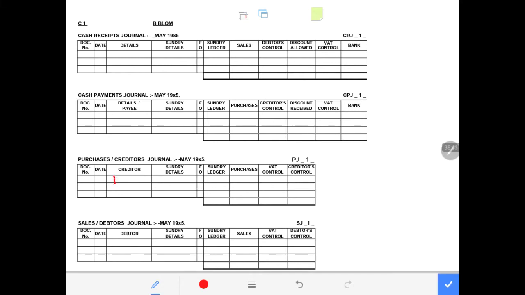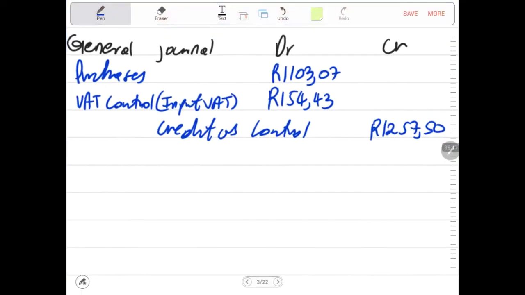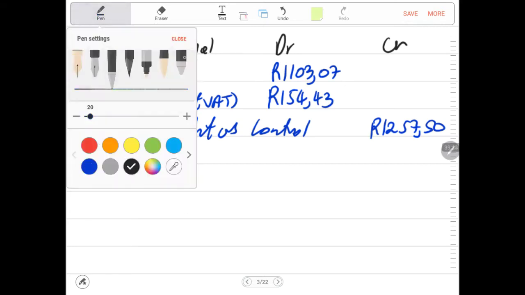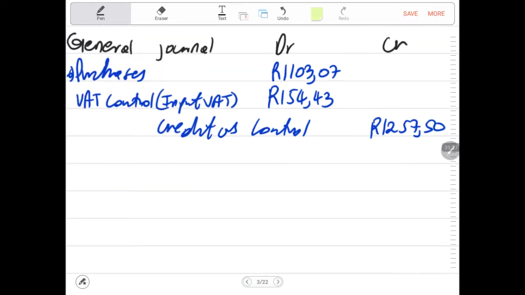Then we write the name of the creditor, F14, under purchases 1,103.07, VAT 154.43, then creditors control 1,257.50. Exactly, you're done and dusted with that. Then we go now to the next one. I will not be showing that in the subsidiary journal because it is the same transaction in terms of recording, just different figures.